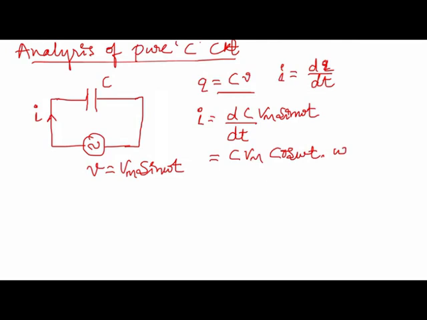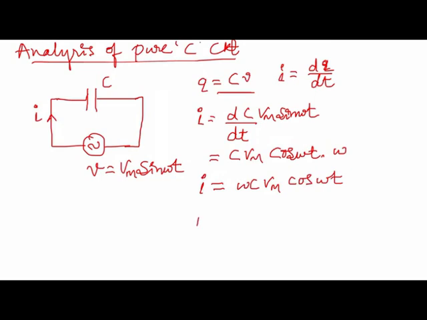So this can be written as omega C into Vm cos omega t. Now let us convert this cos omega t into sin omega t to compare the voltage and current waveforms. Since voltage is sinusoidal, let us convert this current also into sinusoidal form.